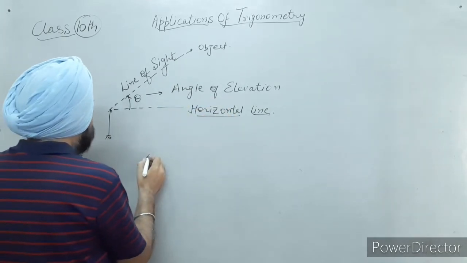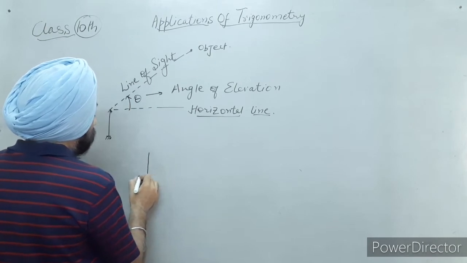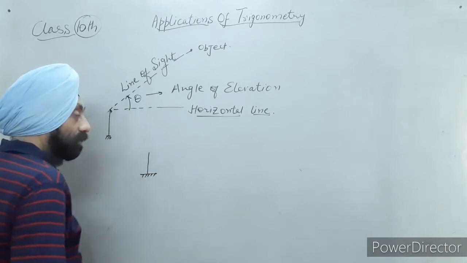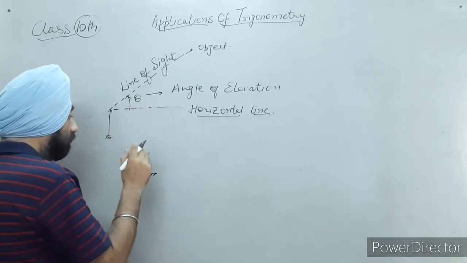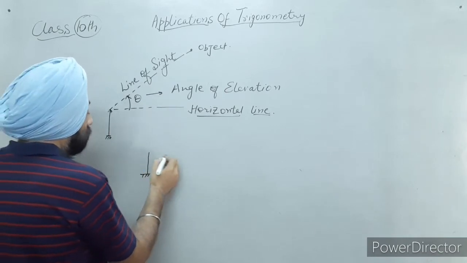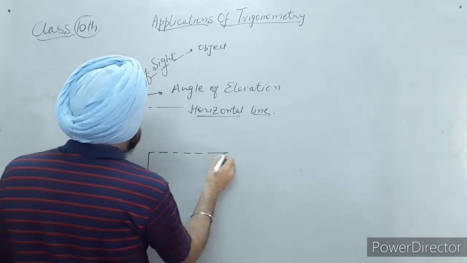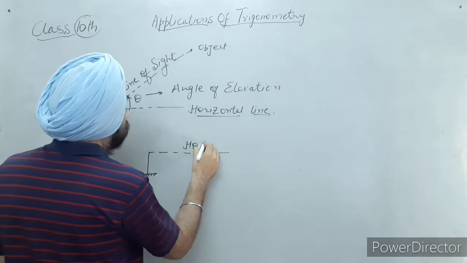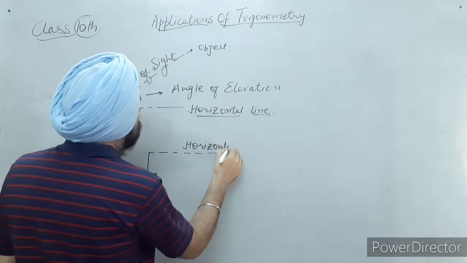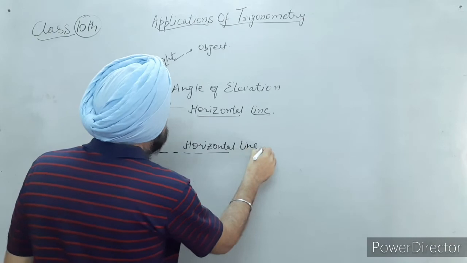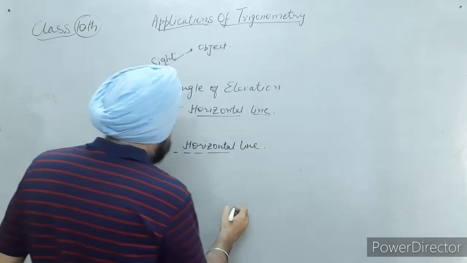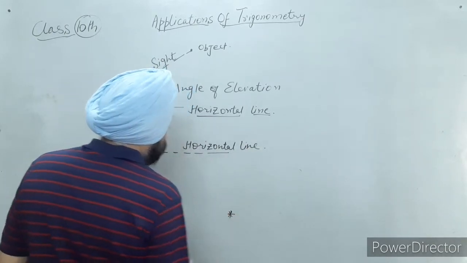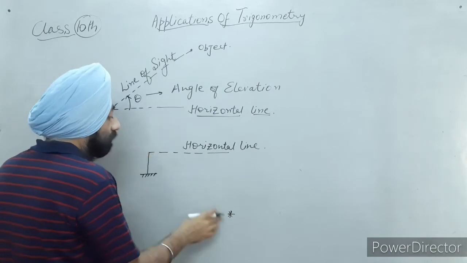Now, say a person is standing again on a level ground or at the top of a building which has a flat roof. This is his horizontal line. He has to observe some object lying on the ground.